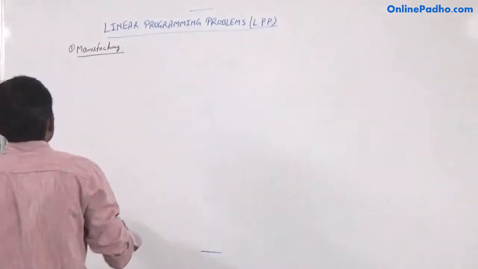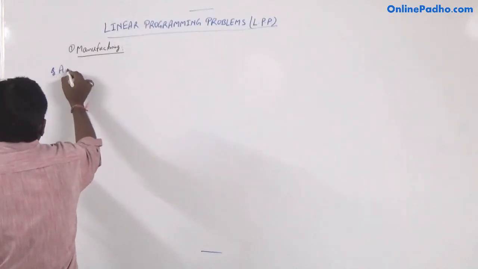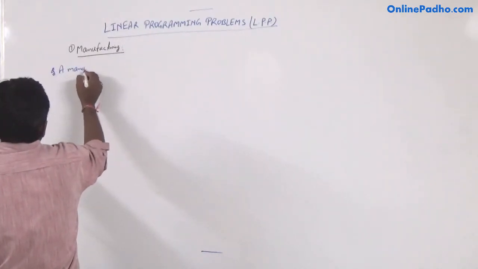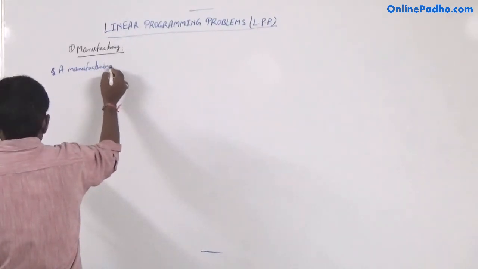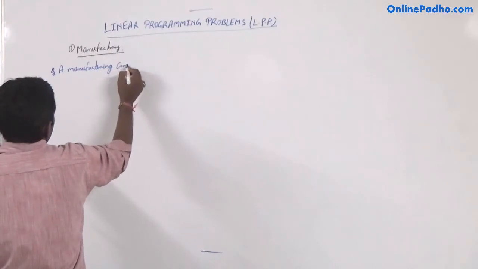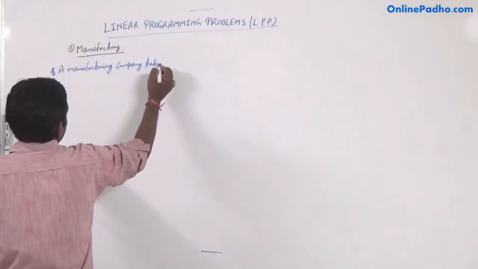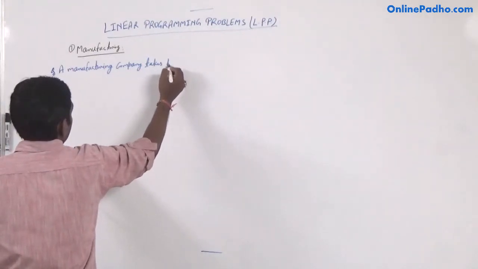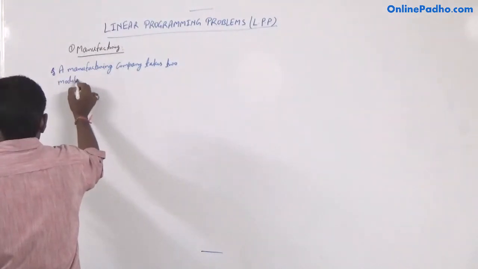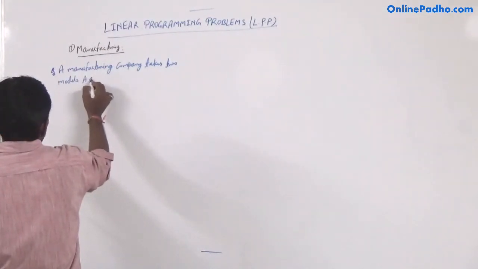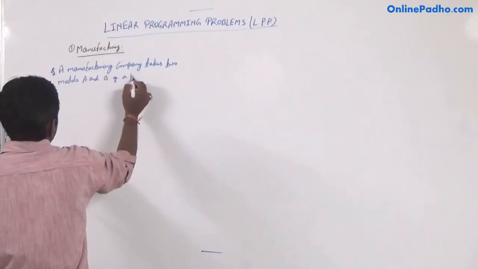If we have a question like: a manufacturing company makes two models A and B of a product.